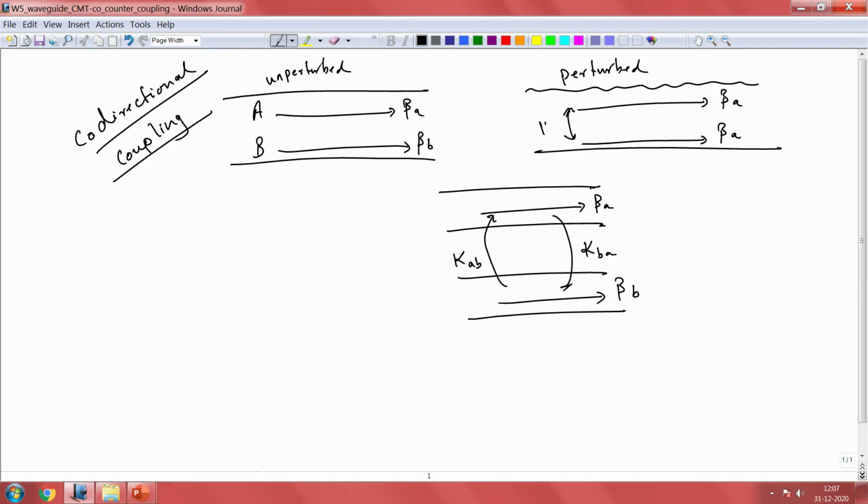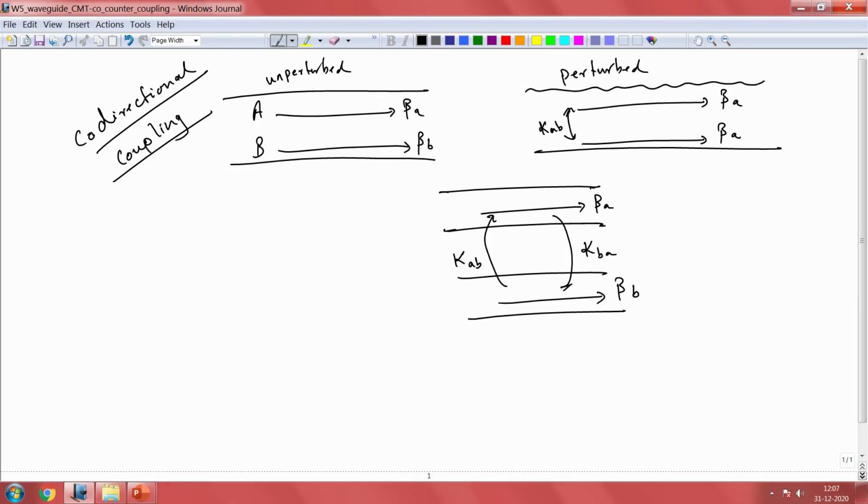And similarly, you have kappa AB here. So, what is the requirement in order to make this coupling happen? In the case of a single waveguide, we need to have a perturbation like this roughness, in order to enable this coupling. But in a two waveguide system, that perturbation comes from the proximity itself, all right.